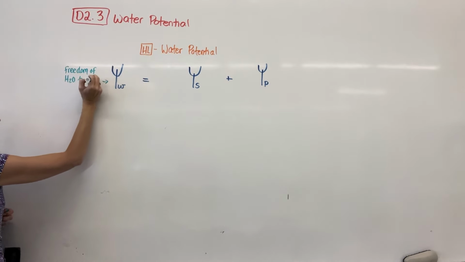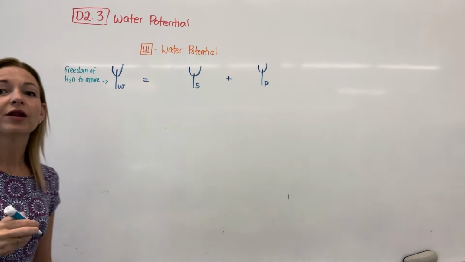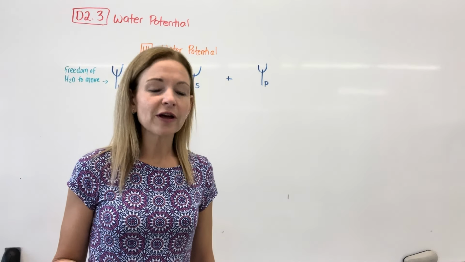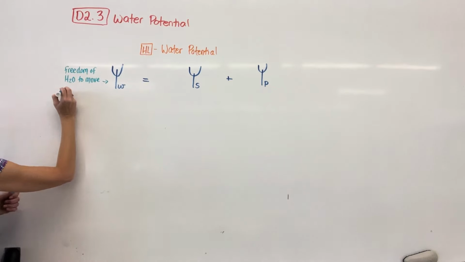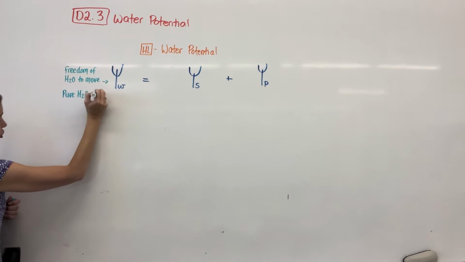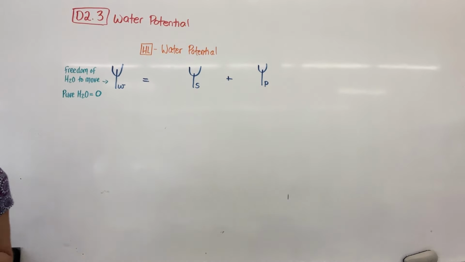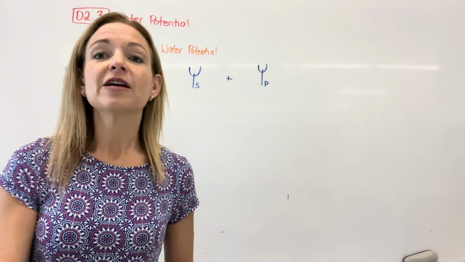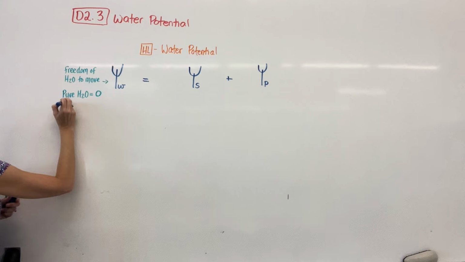And we already said that the higher the water potential, the more likely it is to move. The other thing that we need to say is that for pure water, the water potential is 0. So all other water potentials are negative. So solutions and cells are negative.